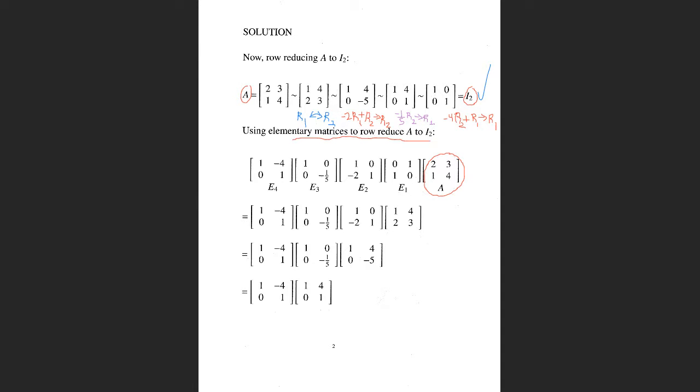And if I were to multiply the matrix A by this elementary matrix E1, what does that elementary matrix E1 kind of look like? It doesn't quite look like the matrix A, but it has zeros and ones in it. What other matrix has zeros and ones that you know of?